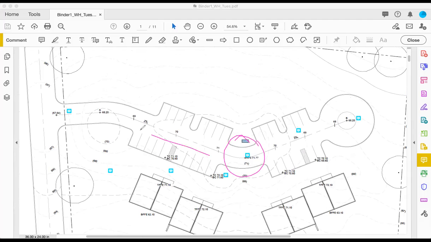We're going up and then going down, utilizing the original topography. So it's easier to connect the proposed contours to the original contours if we follow the natural topography of the site.